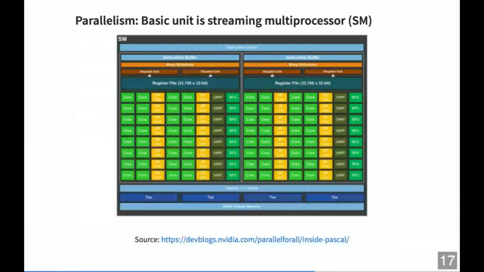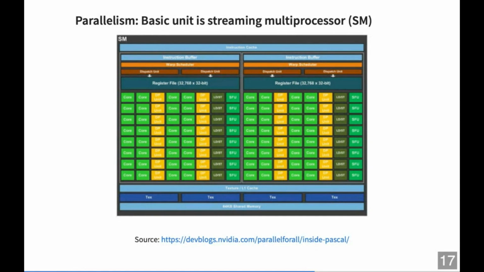So the fourth point in performance is the idea of parallelism. So GPUs have, again, relatively speaking, a large number of cores.